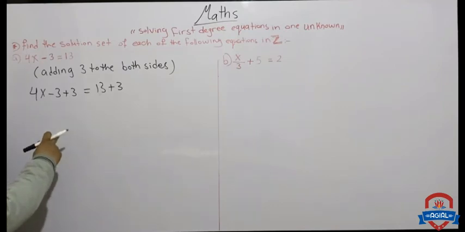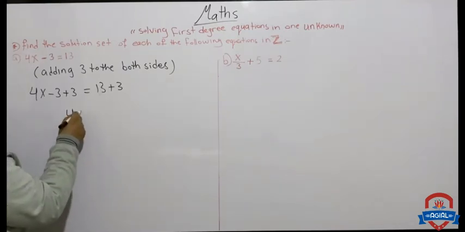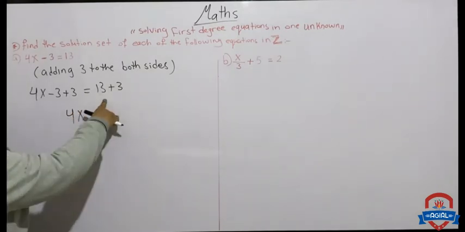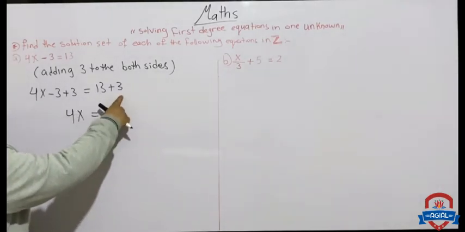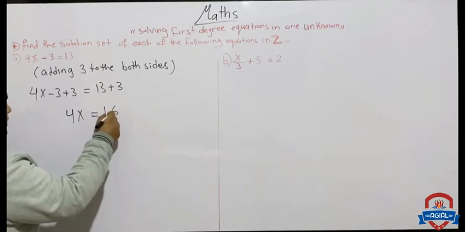So the left hand side equals 4x. The right hand side equals 13 plus 3. 13 plus 3 equals 16.